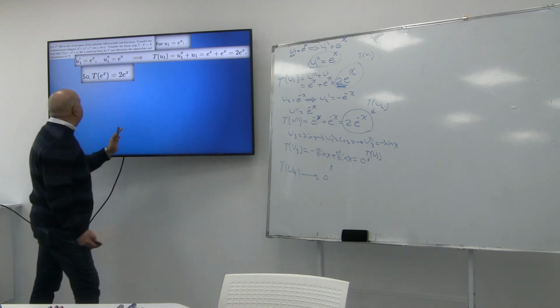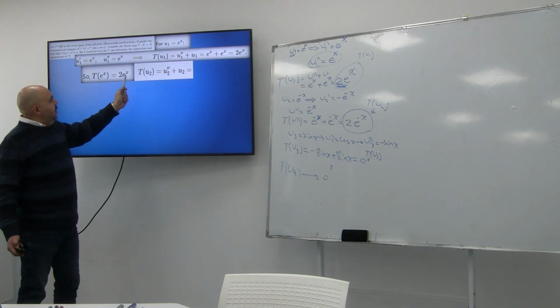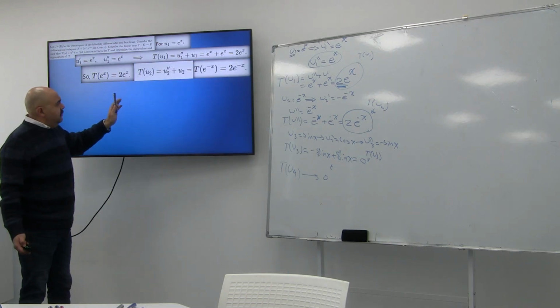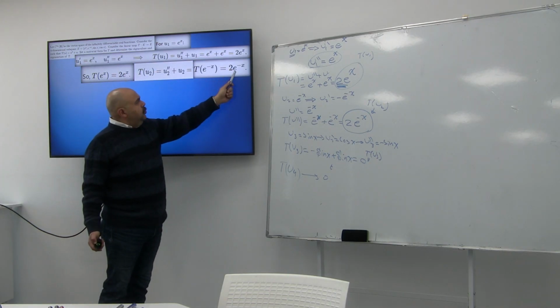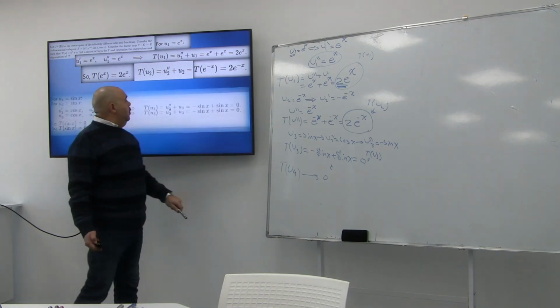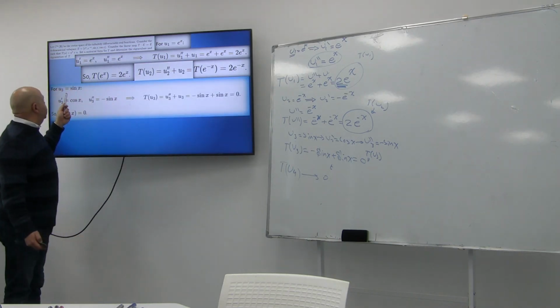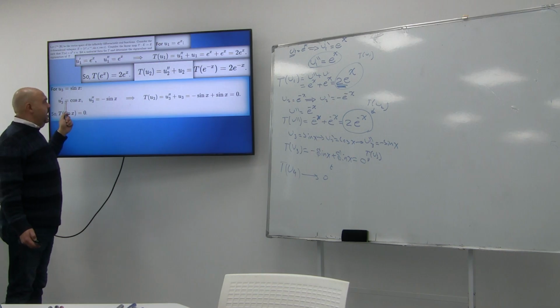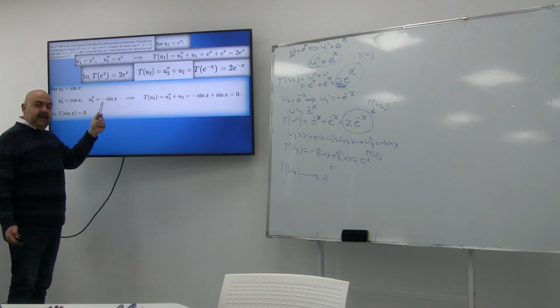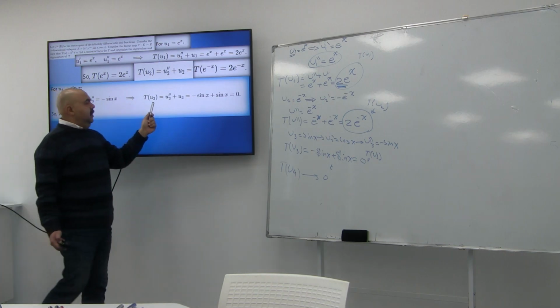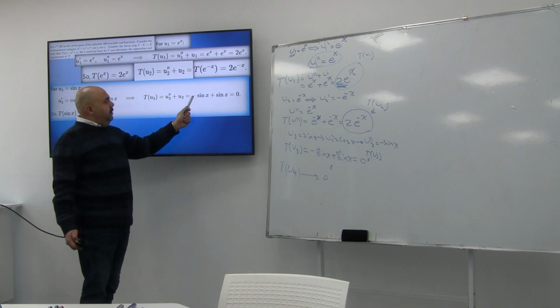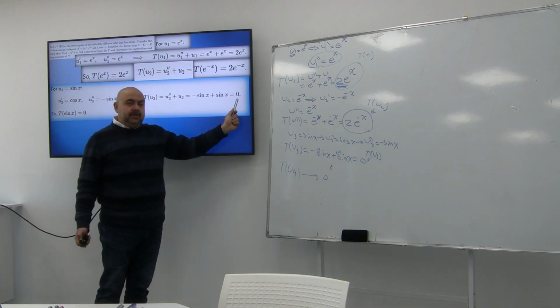In a similar manner, for e to the power negative x, it will give you the same result, which is 2e to the power negative x. Now for sine of x, differentiating once is going to be cosine x, differentiating twice is going to be negative sine x. If I use my linear transform, the result will be negative sine x plus sine x equal to 0.